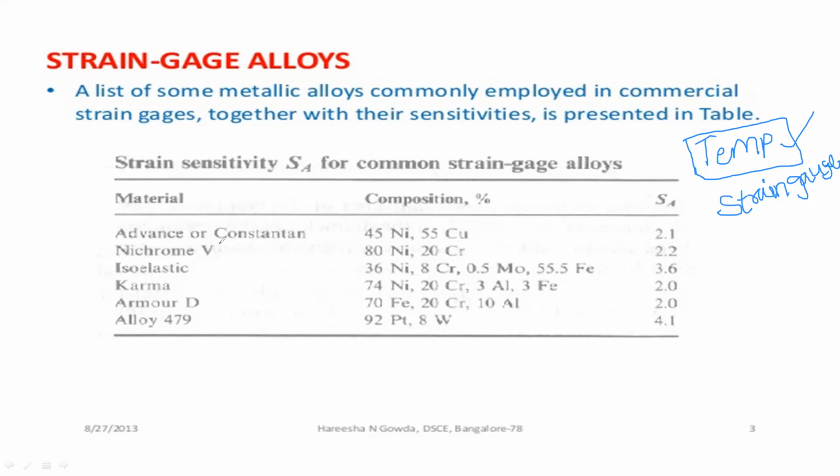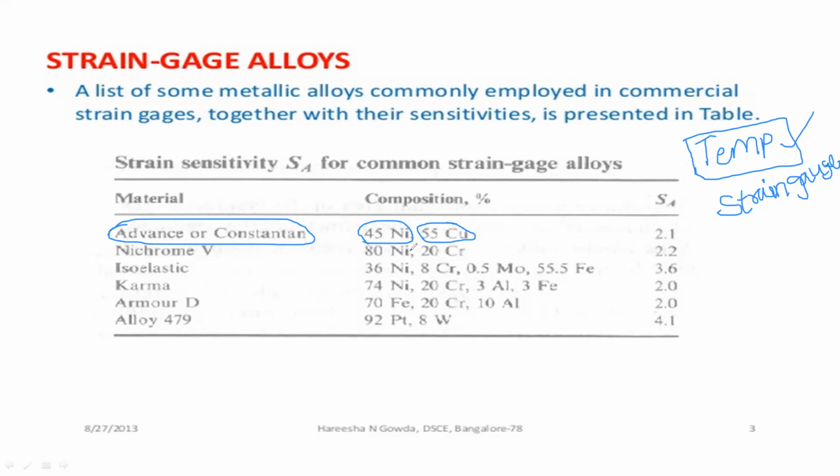Okay, first one, the advance or constantan material. In that material, I take 45% nickel and 55% copper.